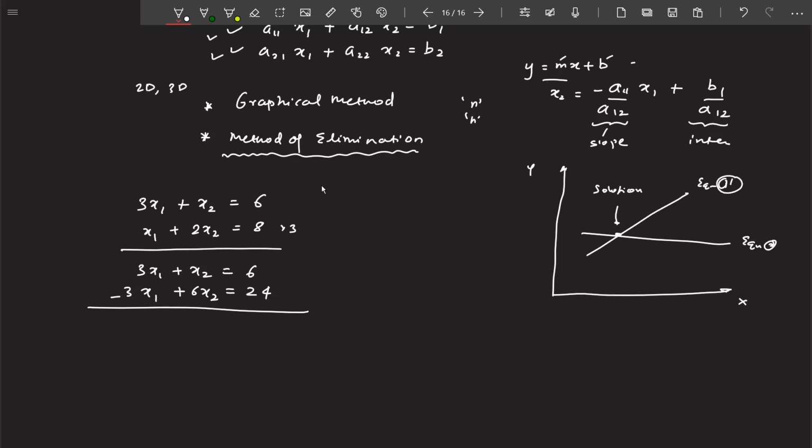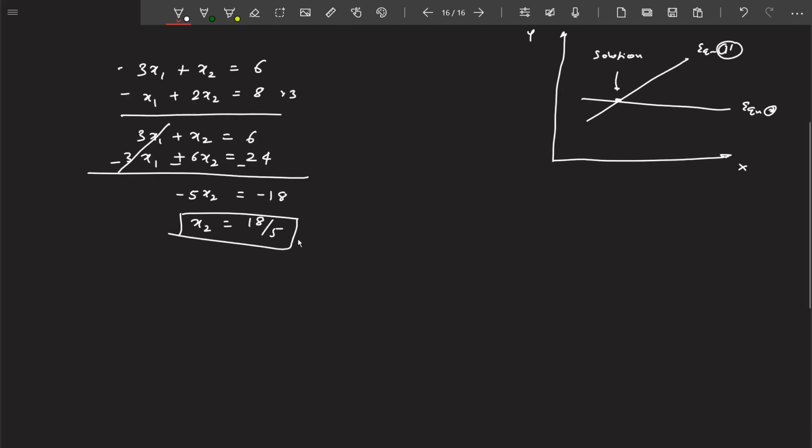So this is going to be negative, this is positive, this becomes negative, this becomes negative. Since this is the same, this will cancel out. This will become minus 5x2, and this will become minus 18, and x2 comes out to be 18 divided by 5. Similarly, if you substitute the value of x2 in either of these equations, you will find the value of x1, that is 4 divided by 5.